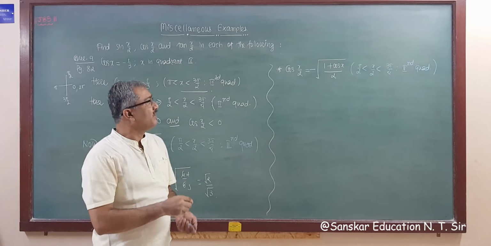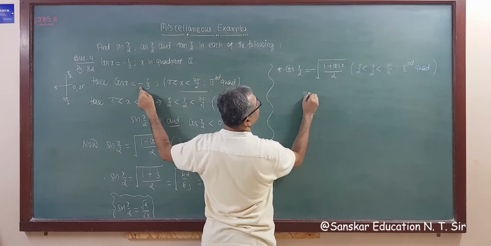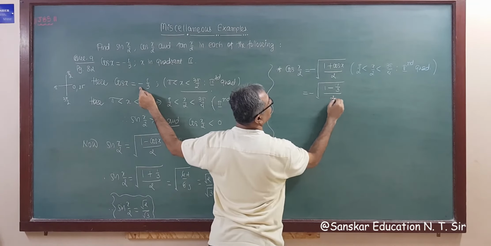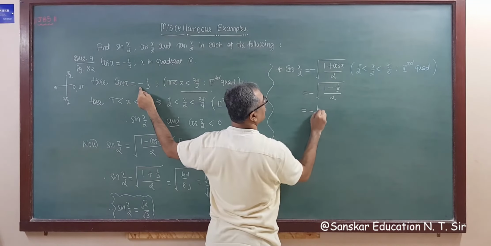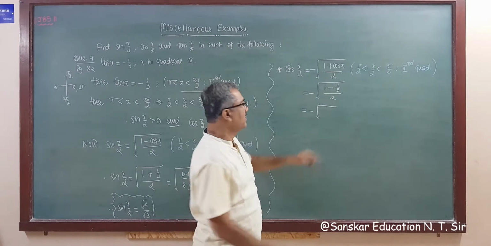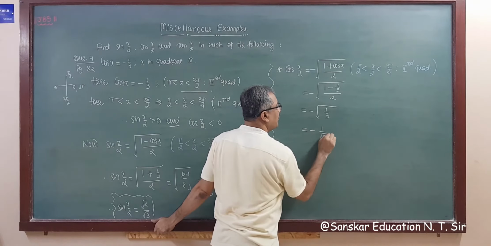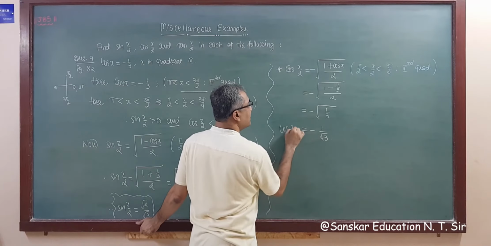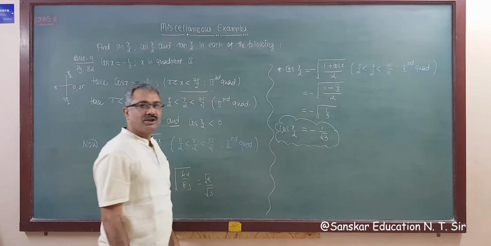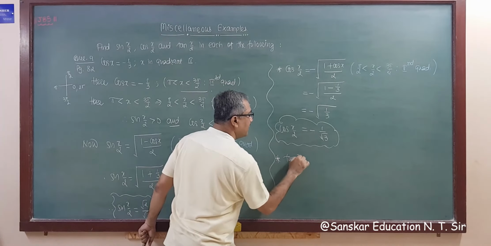So substituting cos x as minus 1 upon 3, we get cos x by 2 is equal to minus square root of (1 minus 1 upon 3) divided by 2. So 3 minus 1 is 2 and these 2 will cancel, so the answer is 1 upon 3, that is minus 1 upon root 3. So cos x by 2 is minus 1 upon root 3.